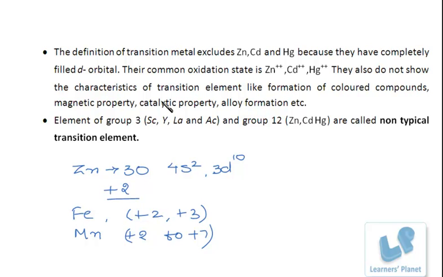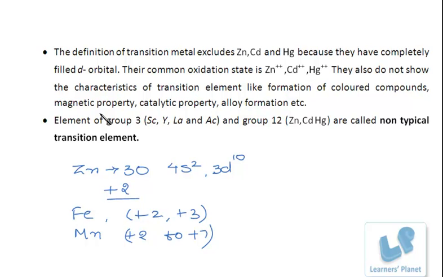They also do not show characteristics of transition elements like the formation of colored compounds. Cobalt forms colored compounds, chromium forms colored compounds, even iron, say ferrous sulfate, called green vitriol, forms colored compounds. But zinc, cadmium and mercury do not form colored compounds.